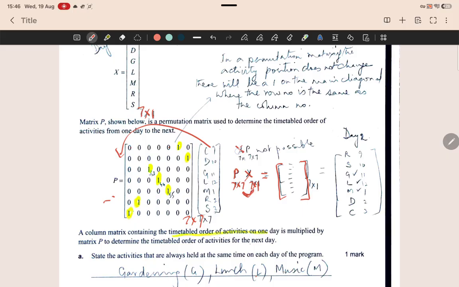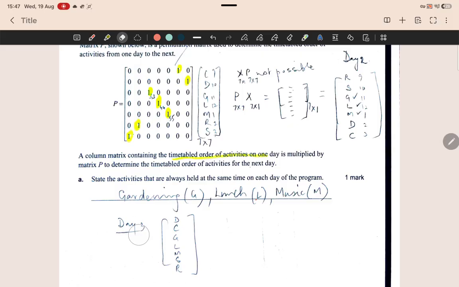But if it had been X times P, 7 by 1 and 7 by 7, these two are not equal, and therefore that would not have been possible. That is why you multiply P times X in order to determine which 3 activities will be held at the same time on each day of the program.